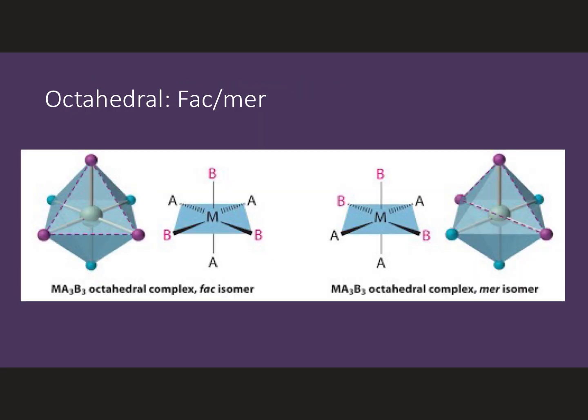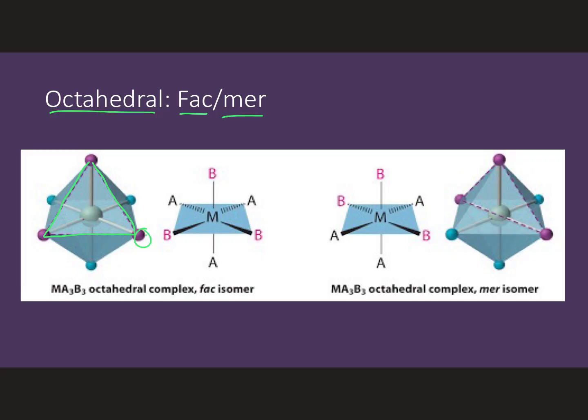When we get to larger things like octahedral complexes, we'll see there's more variety that we can have for isomers. Specifically, we have facial and meridional types of isomers. This really comes down to looking at how those substituents are put around that metal center. For example, we think about an octahedron, which is where we get the name of our octahedral complex, and each face is a little bit of a triangle.